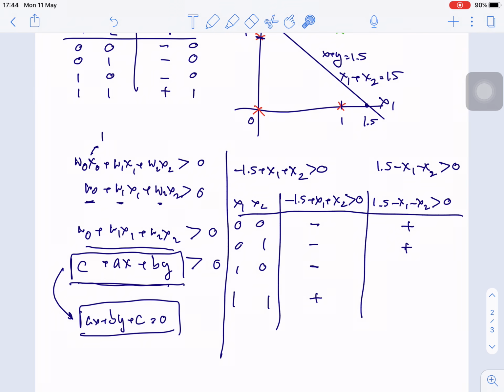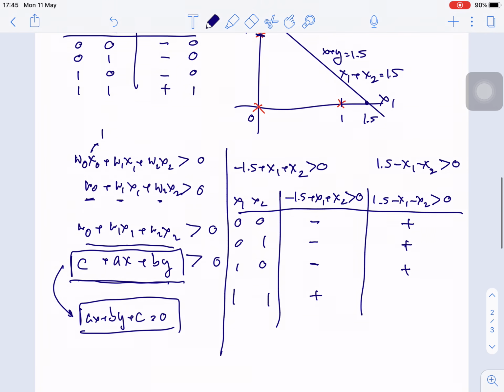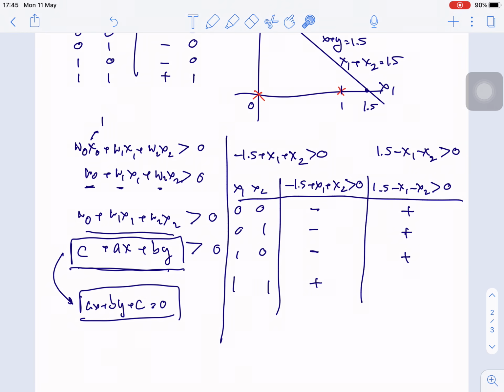If you use x1 to be 1, x2 to be 0, it will be 1.5 minus 1 minus 0. So it will be 0.5 greater than 0. That is positive. The last one, if you use x1 is 1 and x2 is 1, 1.5 minus 1 and minus 1. So it will be minus 0.5, right? Greater than 0 is not. So it's correct.